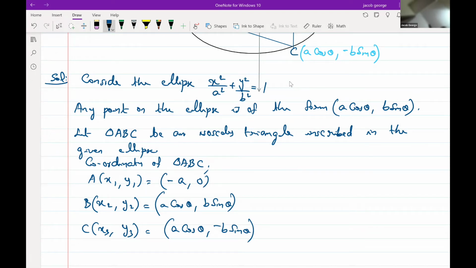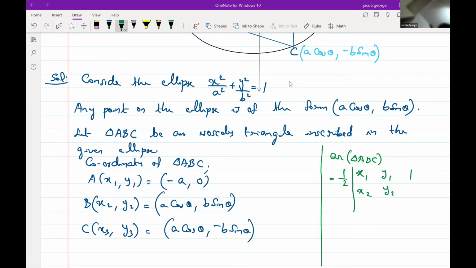In the chapter determinants, we studied the area of a triangle formula using determinant. Area of triangle ABC is, do you remember the determinant formula? Half into determinant of x1, y1, 1, then x2, y2, 1, x3, y3, 1.